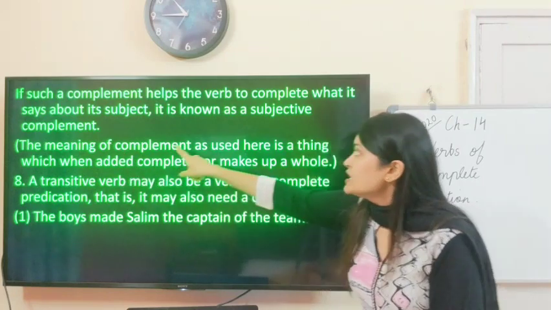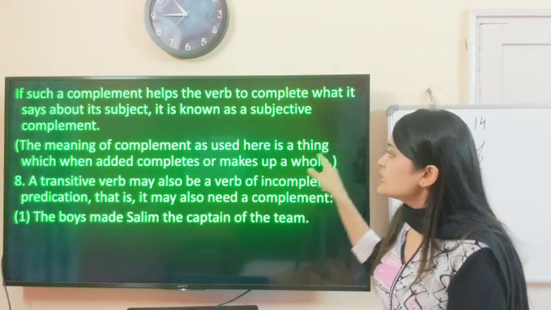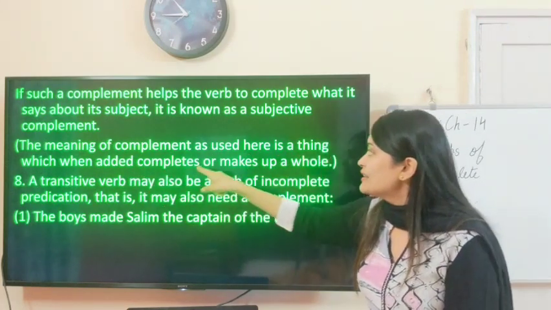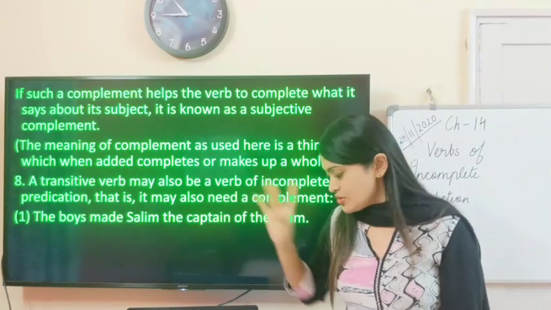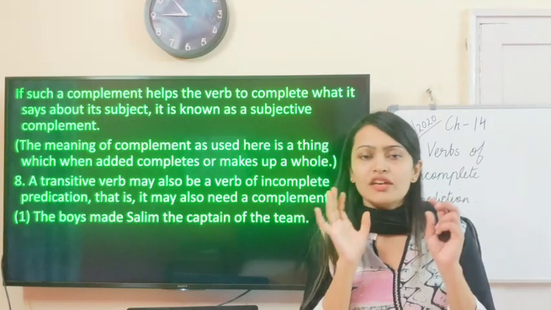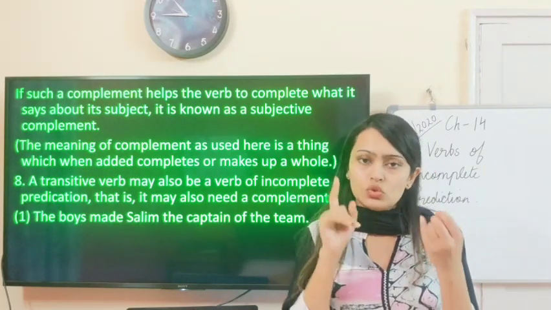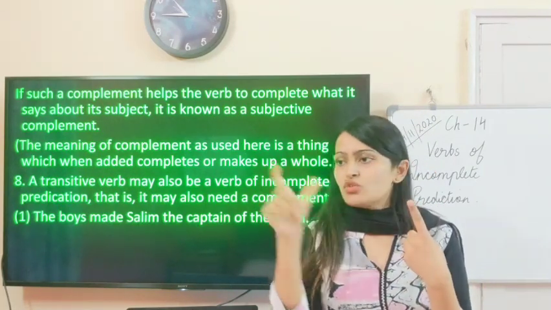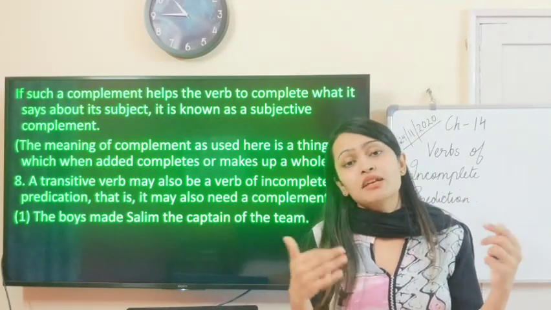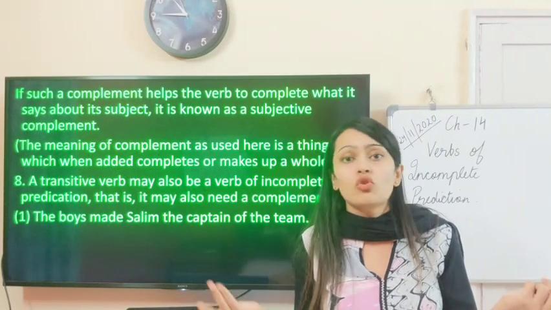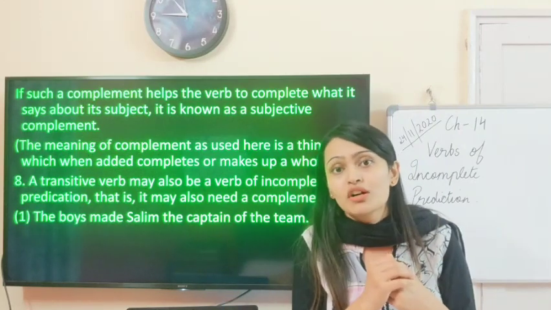Okay, children, the meaning of complement as used here is a thing which when added completes or makes up a whole. I know this is quite stretched, but in a small way, I have to make you all understand. You know the meaning of transitive verbs, which are having an object. There are verbs which do not have an object, and sometimes they cannot make sense without help. They need the help of a few words, right?